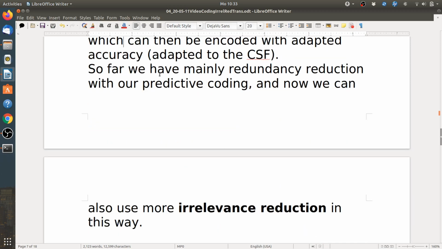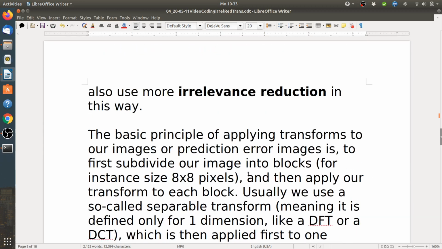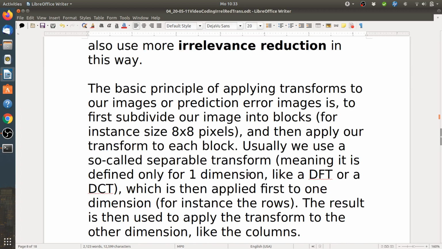So far we have mainly had redundancy reduction with our predictive coding, and now we can also use more irrelevance reduction in this way. Predictive coding is very simple, but it only applies to the redundancies. But with transform coding, since we have subbands, we can also apply irrelevance reduction using the contrast sensitivity function.